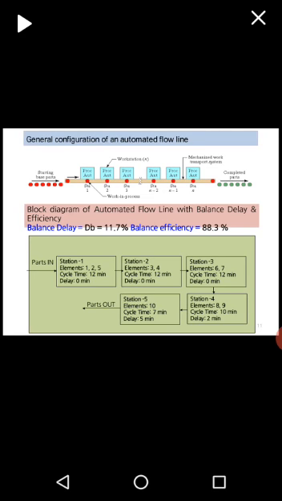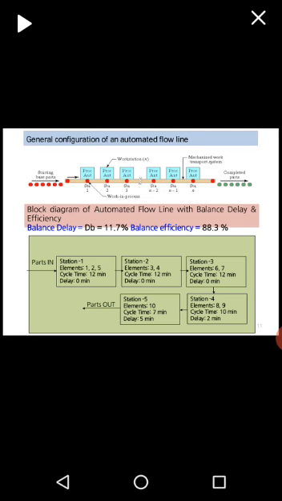And finally we need to write a block diagram. What are all the things we did in this problem? The general configuration of an automated flow line is a starting base part which goes serially from one workstation to another workstation.